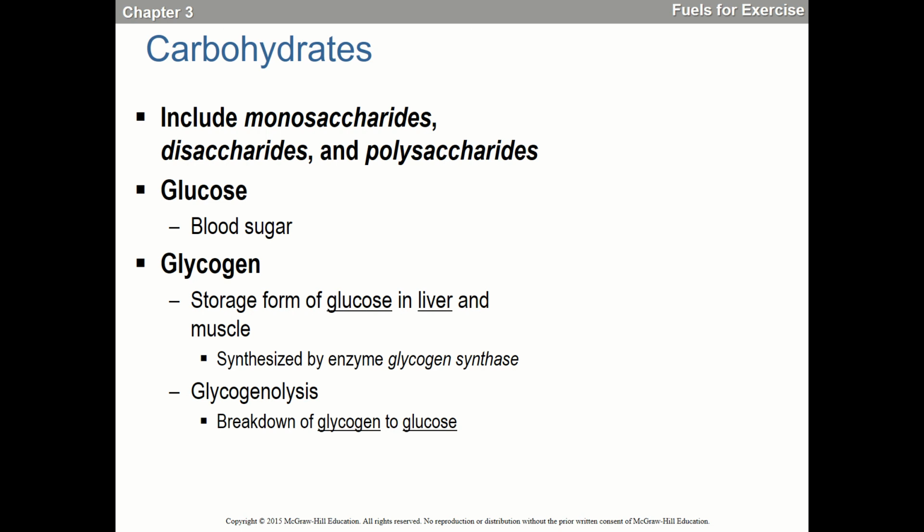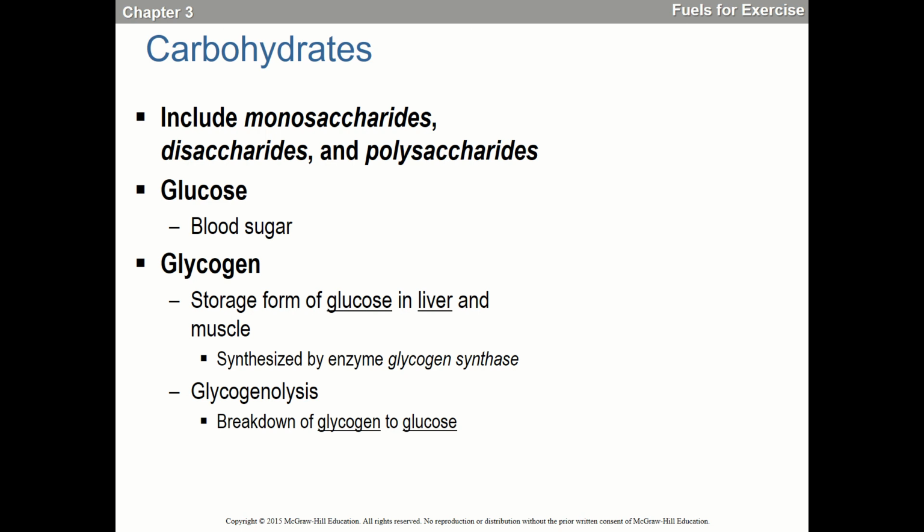Now, a few more terms: glycogen, glycogenolysis, and glycolysis. I want us to know what these mean. Glycogen has two places it's stored that are relevant to us. It's the storage form of glucose in the liver and the muscle.